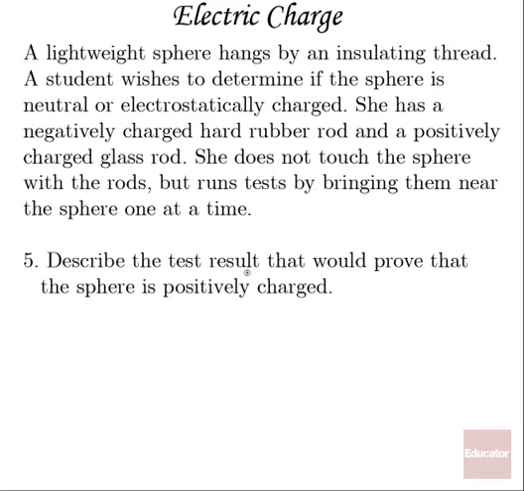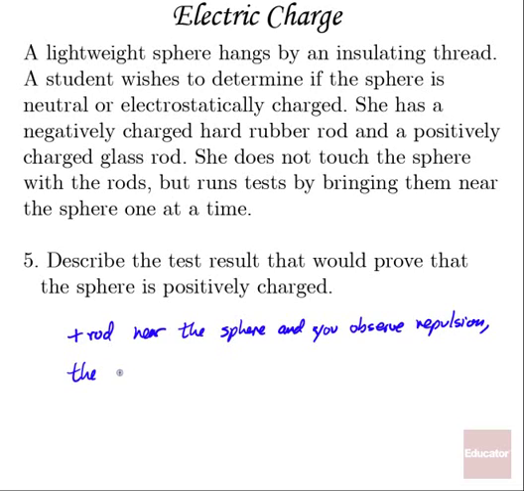In similar fashion, describe the test result that would prove that the sphere is positively charged. Well, the way to prove that something's charged is going to be with repulsion. So if you bring the positive rod near the sphere and you observe a repulsion, then the sphere must be positively charged.